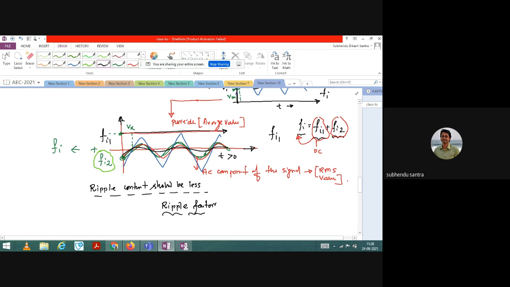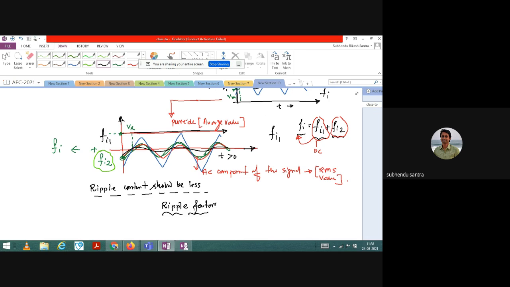So generally, if your rectifier is good, what is the purpose of a rectifier? It converts AC to DC. So whatever DC you are getting, that DC should be ripple free. Ripple factor signifies how much amount of AC signal is present inside DC. Once again I am repeating, when you are making a rectifier circuit, the basic purpose is to convert AC to DC, but the DC you are getting is a pulsating DC.